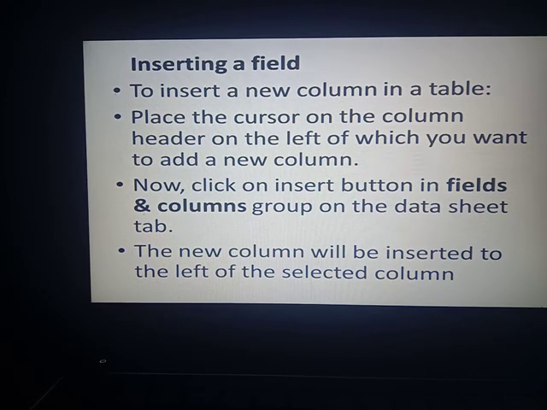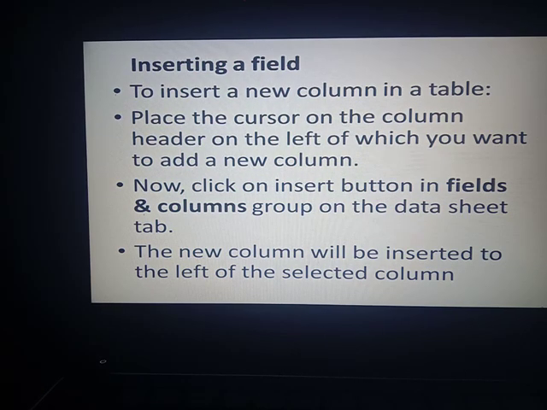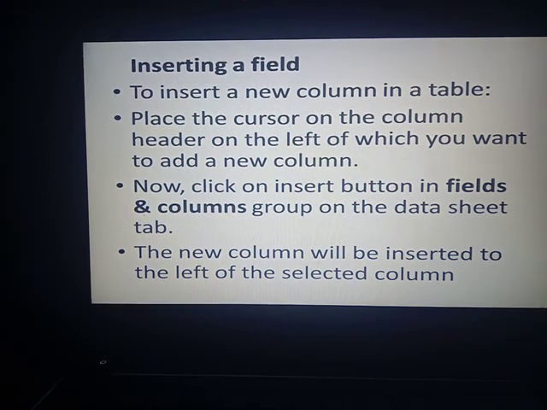So you have to select the cell from where you want to insert a column on the left of that. Then you have to click on the Insert button in the Field and Column group in the Datasheet tab. You have to go to the Datasheet tab, then you will find the Field and Column group. In that group there will be an Insert button.